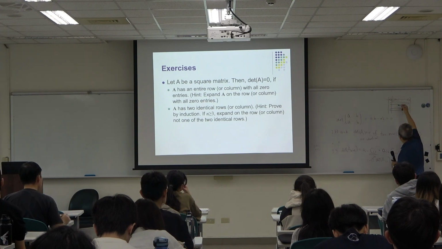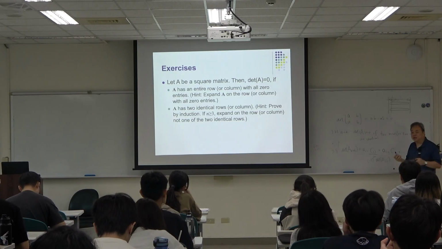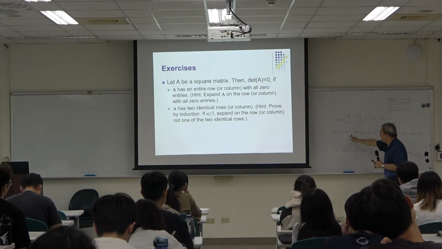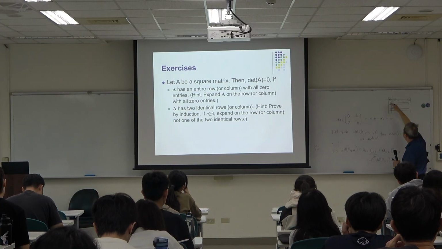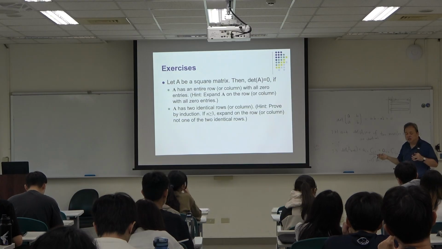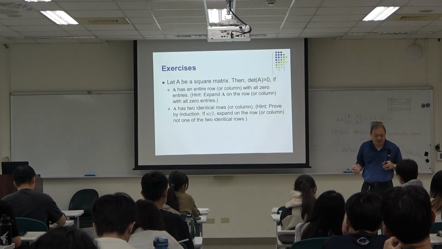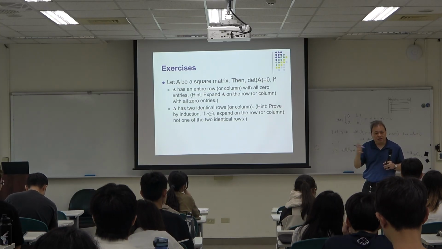But in this minor, you can see there are two rows that are identical, right? According to our induction hypothesis, because we get rid of one row and one column, the size of the matrix becomes less than K, and we have two identical rows.